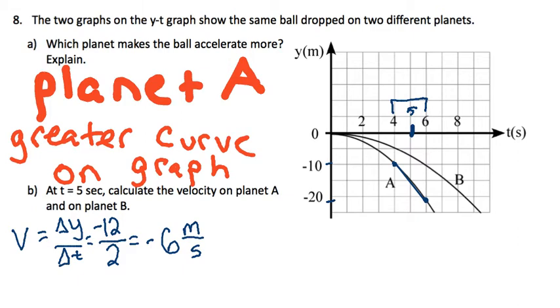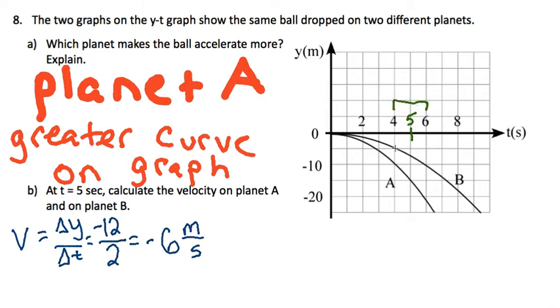Okay, now you're going to be doing the same thing for planet B. So I'm going to erase this on my graph and get a green marker, how about? So we're still looking at a time of 5 seconds. At this 5-second mark, we're looking for what is the speed on planet B. So we set up our window, still from 4 to 6, to give you nice numbers to work with.